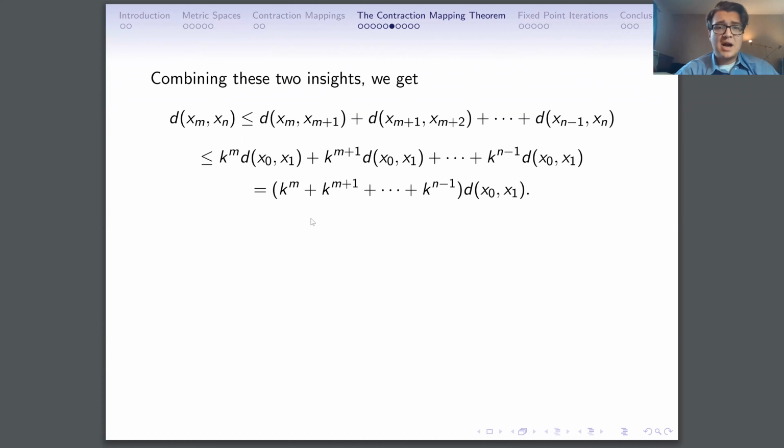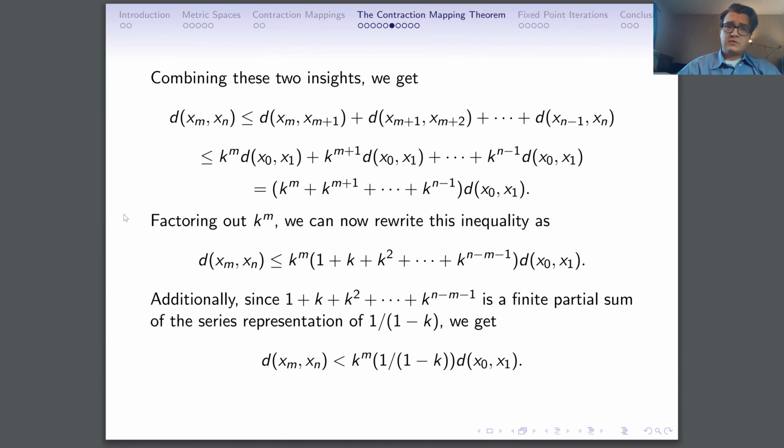So then combining these insights, we get this here, that the distance between x sub m and x sub n is less than or equal to k raised to the m plus k raised to the m plus 1, and so on until you get to k raised to the n minus 1 times the distance between x0 and x1.